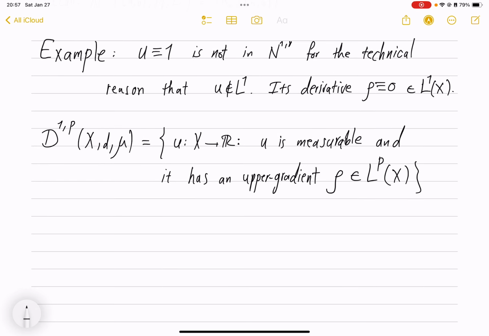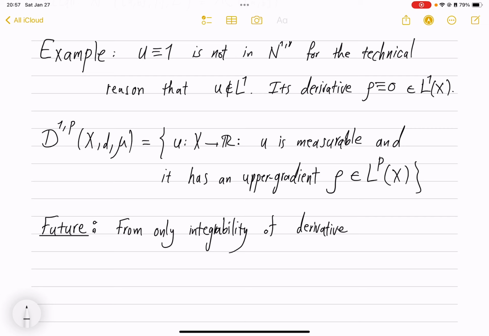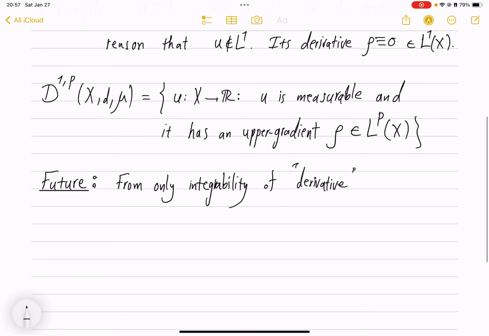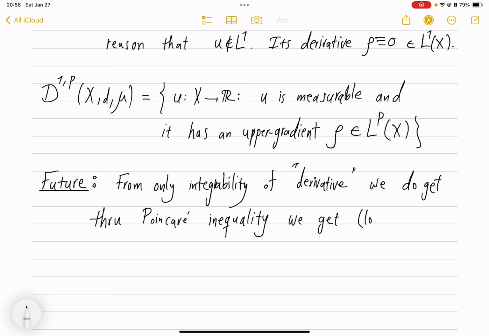The idea behind that, and we will see that in the future, is that from only integrability of the derivative, whether it be in the classical Sobolev space in an open set of Euclidean space, or the Newtonian Sobolev function, in either sense of Sobolev classes, we do get, through, say, the Poincare inequality, in very reasonable spaces where the Poincare inequality does hold, at least locally, integrability of the function itself.